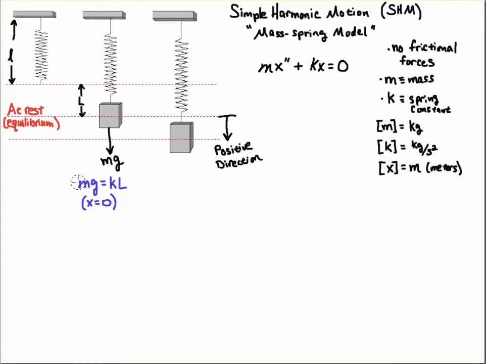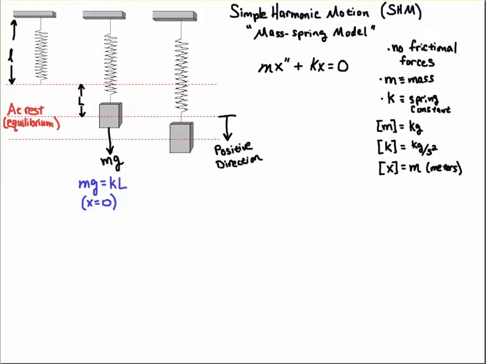So we have mass in kilograms times meters per second squared balanced by kilograms per second squared times the length in meters, so the units match up. At this point, x, which is our position, is 0. This is at rest, position 0.